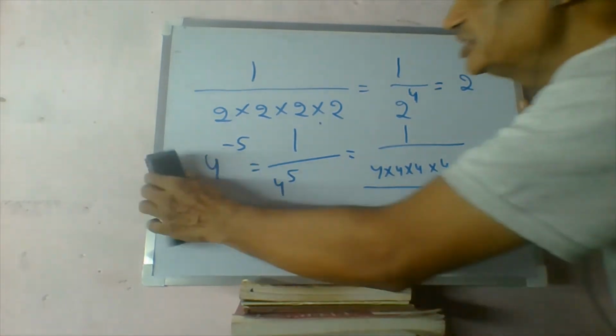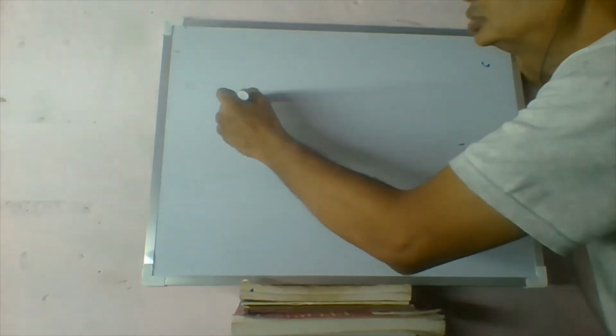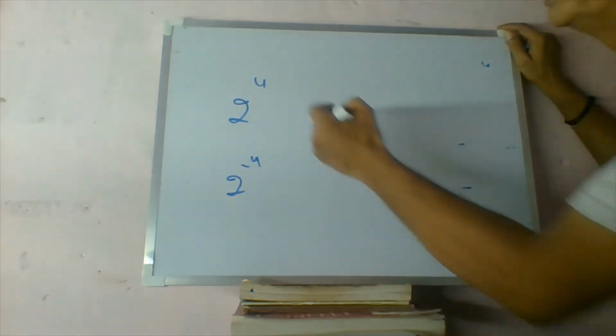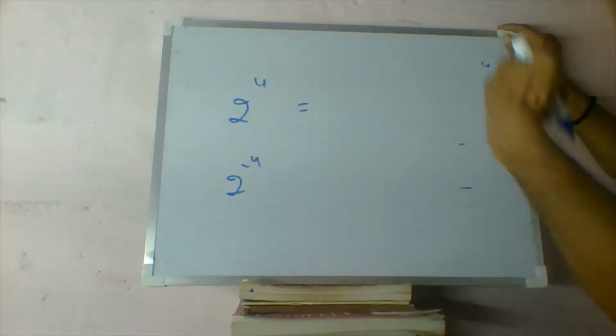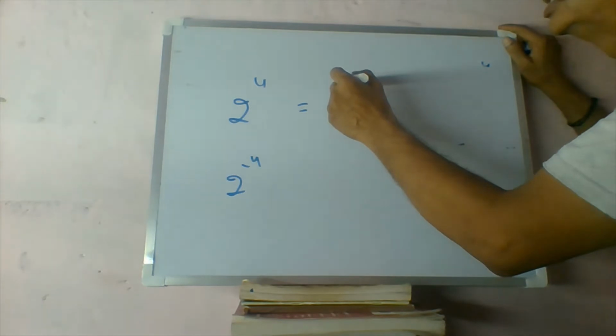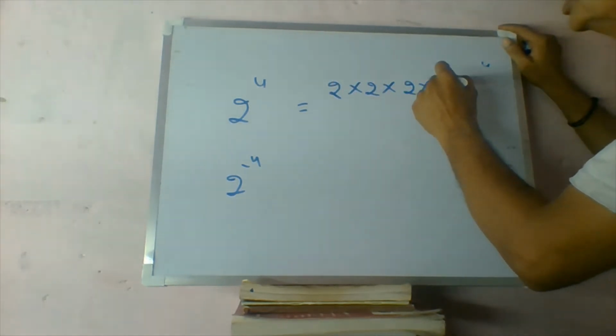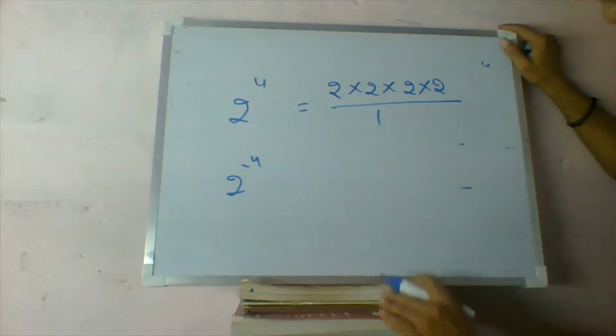So, what is difference between 2 raised to power 4 and 2 raised to minus 4? Simply, 2 raised to power 4 is in numerator. In numerator, you have to multiply 4 twos.